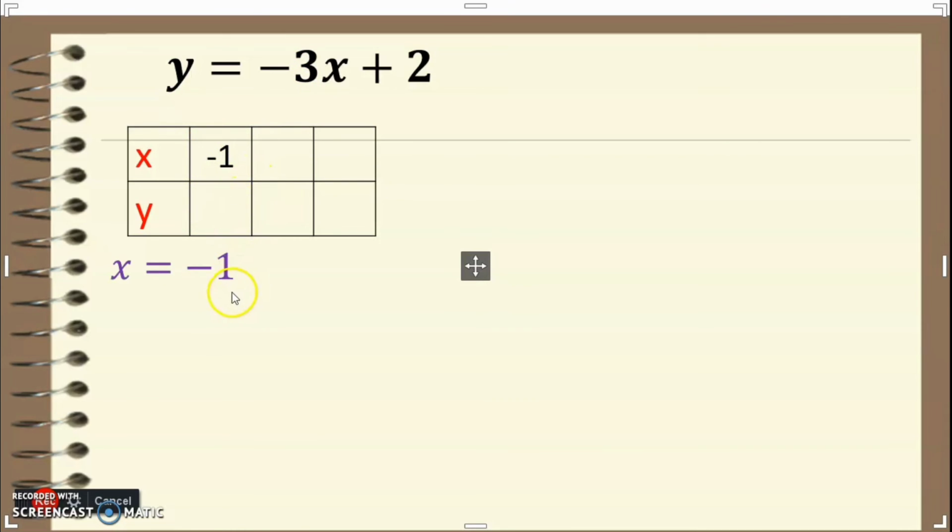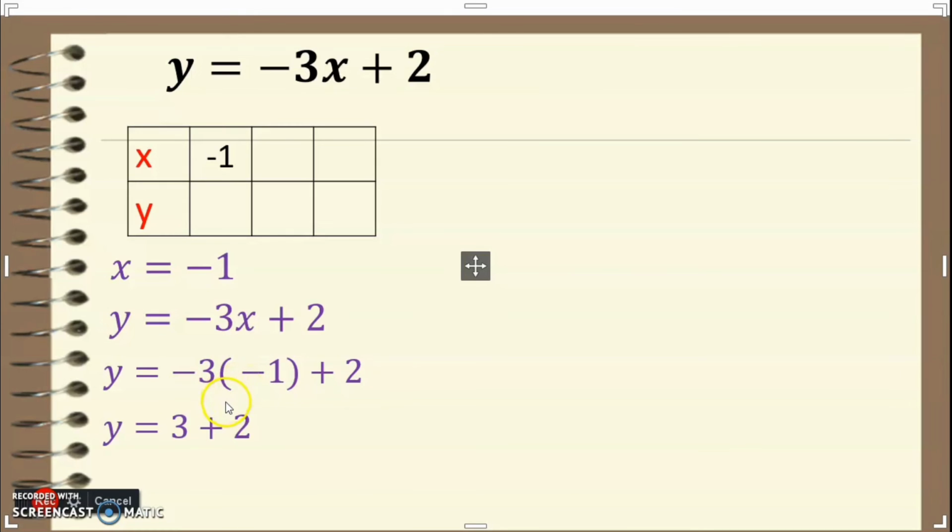So, if x is equal to negative 1, then, equation natin, substitute dito, ang value ng x is negative 1. So, negative 3 times negative 1 is equal to positive 3. So, positive 3 plus 2 is equal to 5. So, our y is equal to 5.